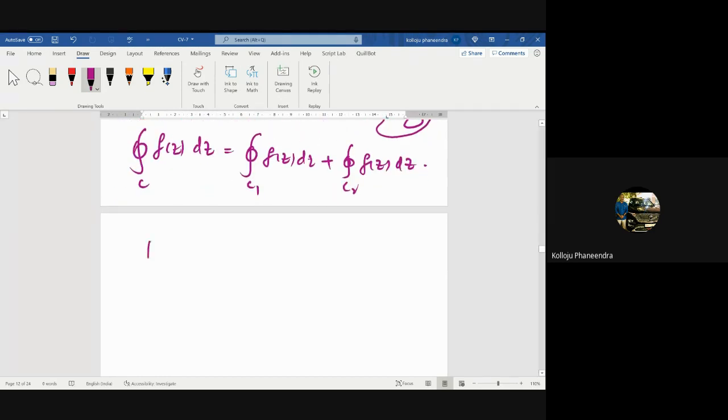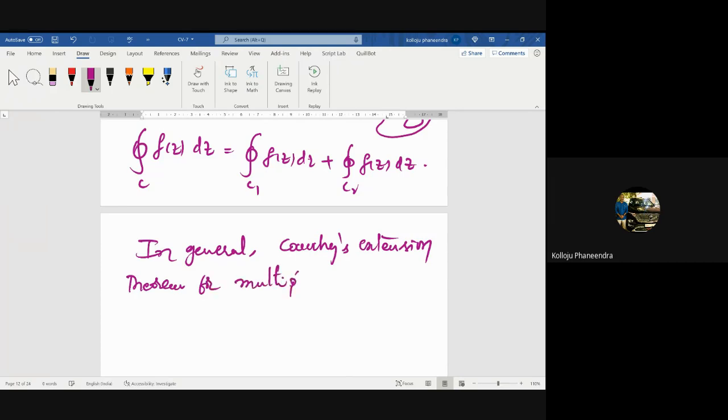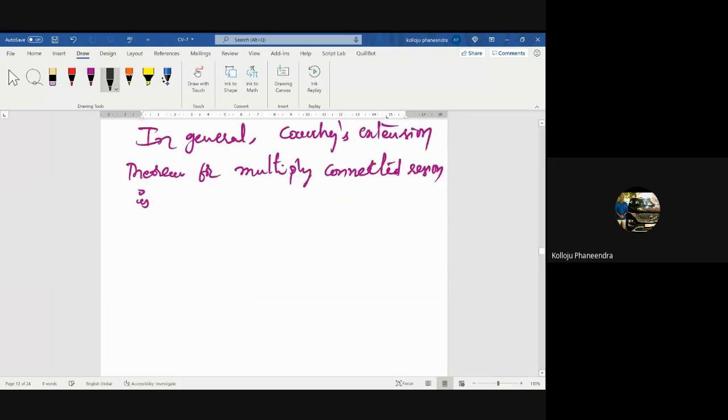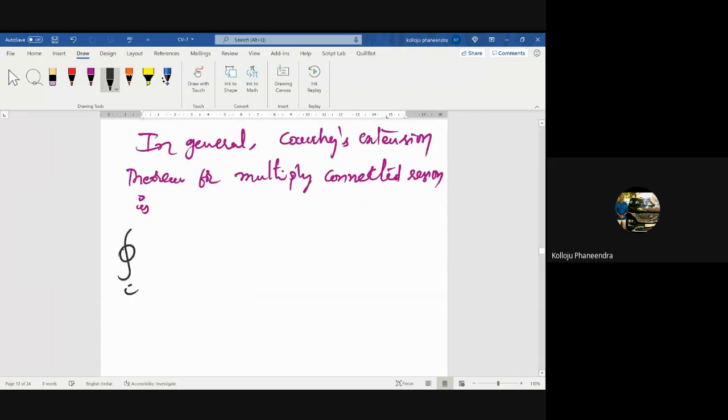In general, Cauchy's extension theorem for a multiply connected region is: the integral over C of f of z dz is equal to the integral over C1.